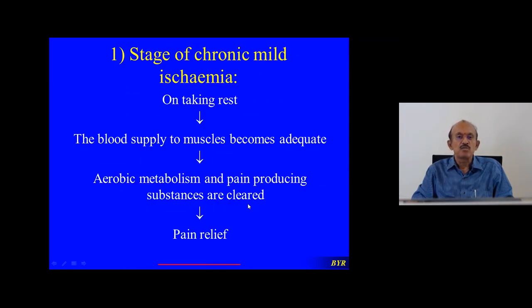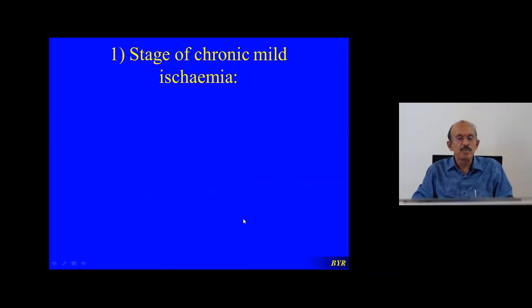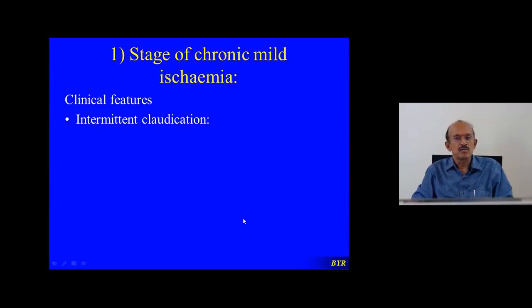So pain is relieved. So the feature of on-demand ischemia is pain produced on exercise and relieved after taking rest. This is called claudication pain, or intermittent claudication.